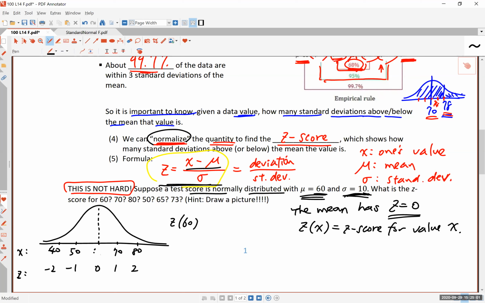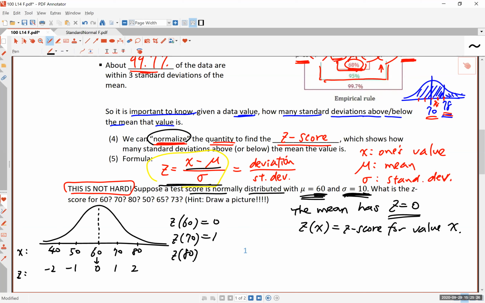X could be 6 million if 6 million is a standard number, like the mean for something. X could be a very large number, very small number, but the point is when you change them to Z-score, the mean becomes 0, and so the Z of 60 is equal to 0. Okay, Z of 70, now remember, because 70 is exactly 1 standard deviation above the mean, this will be 1.